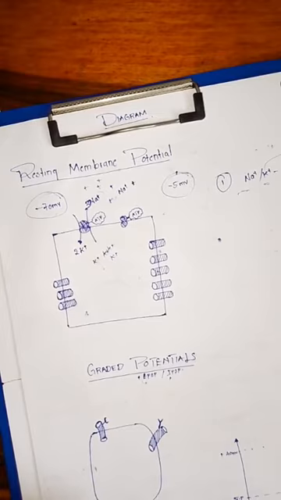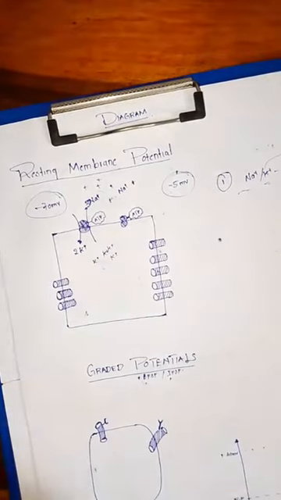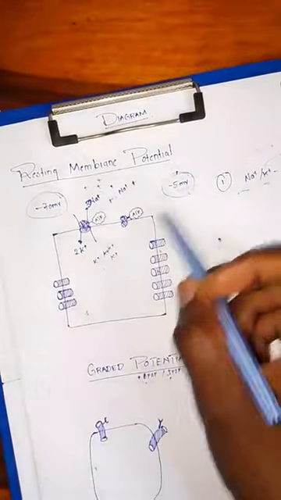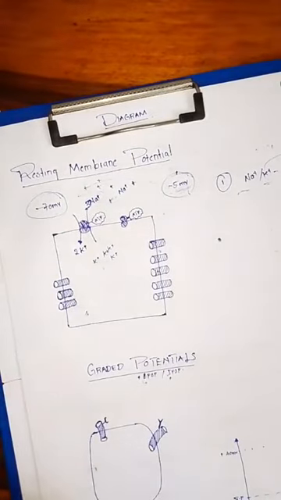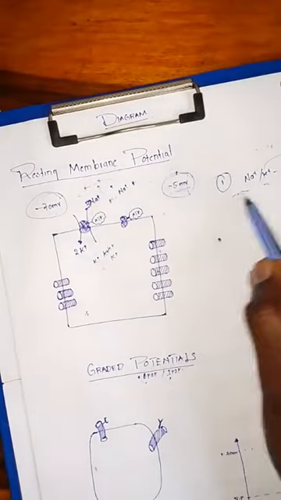So they are involved in the pumping of 3 sodium outside and 2 potassium inside, and this will cause a net loss of cations from the cell. Meaning the cell will be left with a certain level of negativity, which we are saying is -5 millivolts. And that -5 millivolts is what is going to contribute to the resting membrane potential of a neuron, which is about -70 millivolts. So this is one factor.